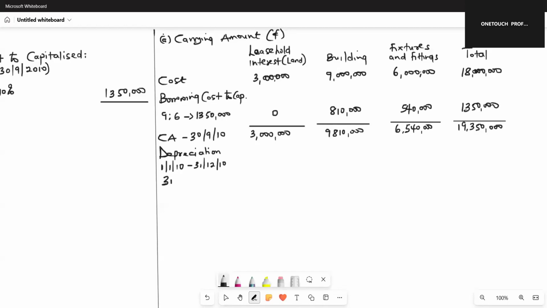So land will be 3 million over how many years? 50 years, times 12 over 12. So that will give us how much? 60,000.